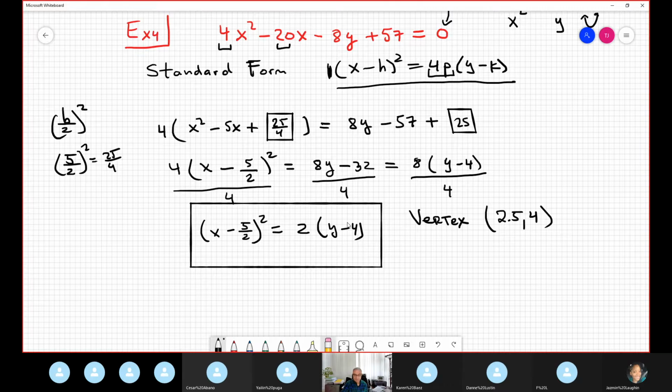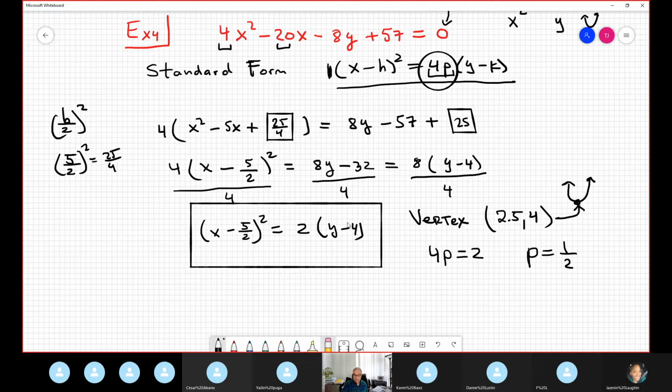And p, I don't know, p is this, remember in the standard form it is 4p, look, 4p. So p is 2 in our specific example, therefore p is half. So p is positive. The conclusion is the parabola opens up because p is positive, and the vertex is that point.